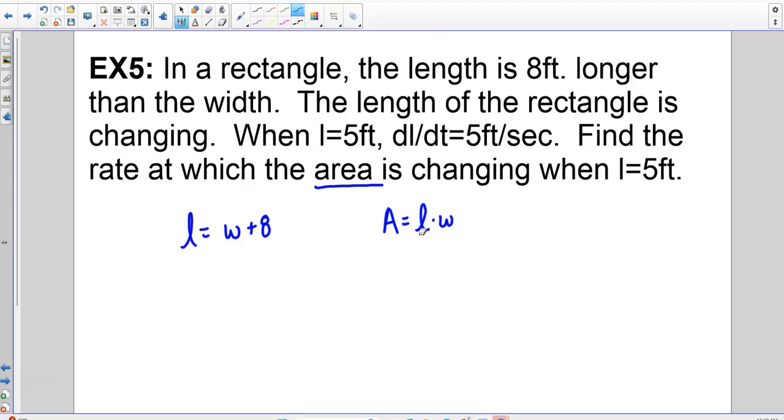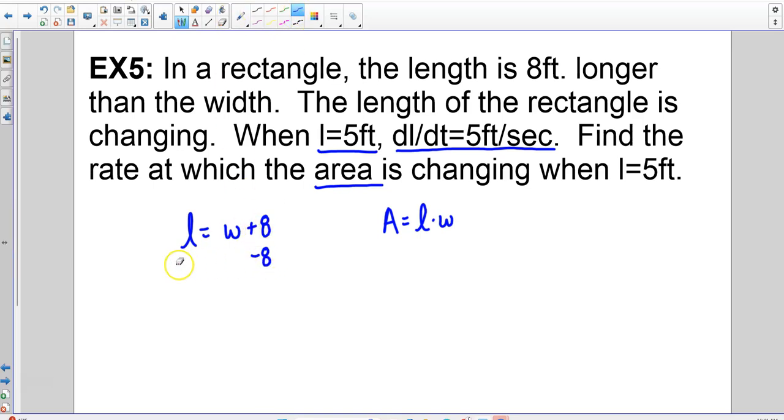But I really need an equation where I have all L's over here, because they did tell me what L is and dL dt. I could change this to all W's, but I don't want to do that because they gave me dL dt. They did not give me dW dt. So if I want to change this to all L's, what if I solve this equation right here for W?